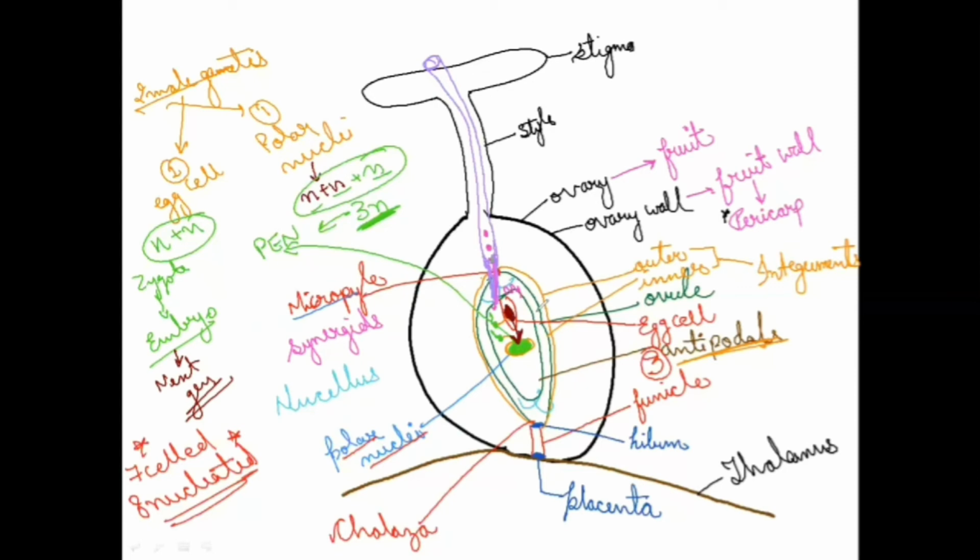How everything is happening, I'll show you on the next part, because here it is completely confusing. So I'll just remove this all and I'll redraw the necessary parts. Okay, so this was the ovule, and inside the ovule embryo sac was there.